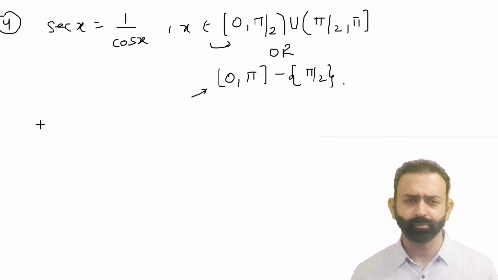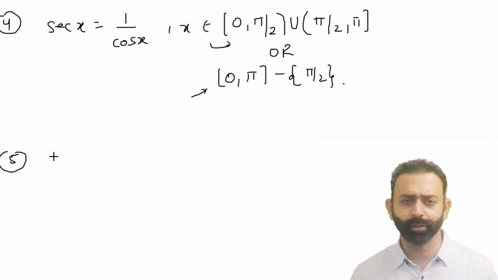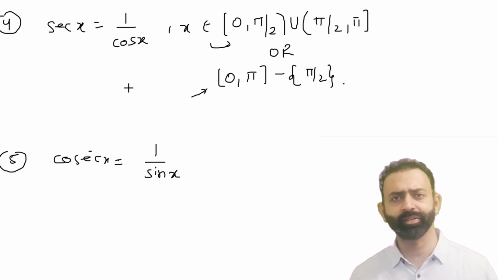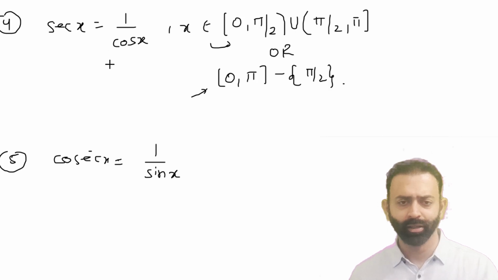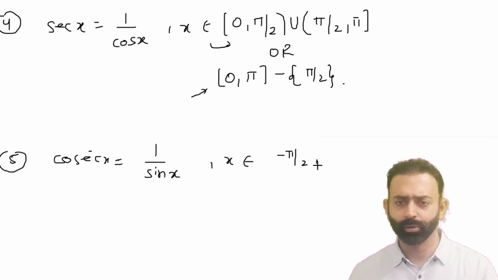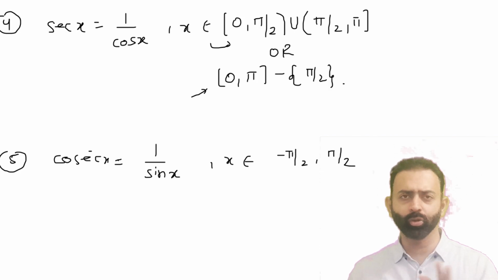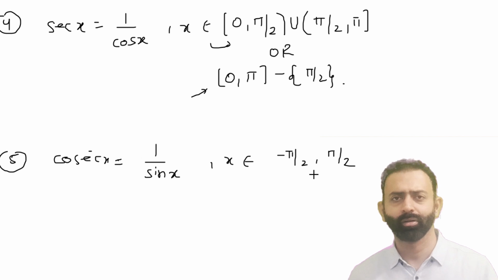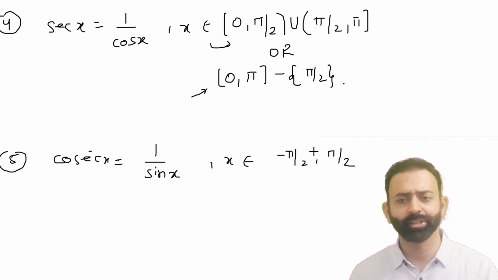And then fifth is for cosec x, which is 1 over sin x. Applying the same logic as we applied for sec, here x will be defined from minus pi by 2 to plus pi by 2, except those values where cosec is not defined, which is 0.